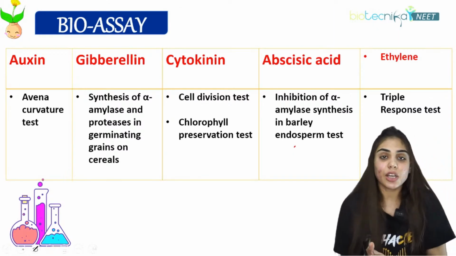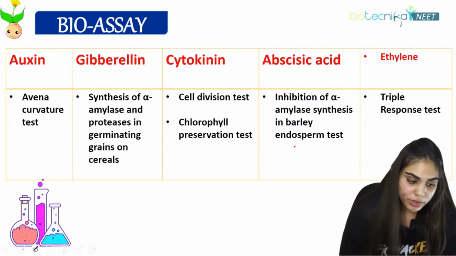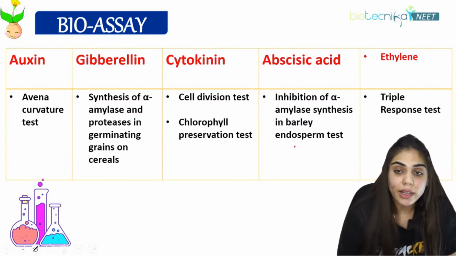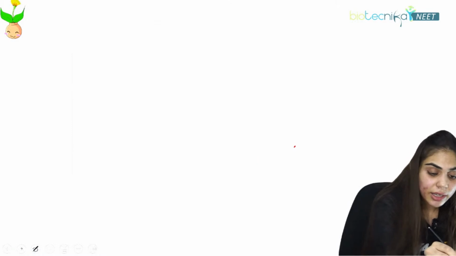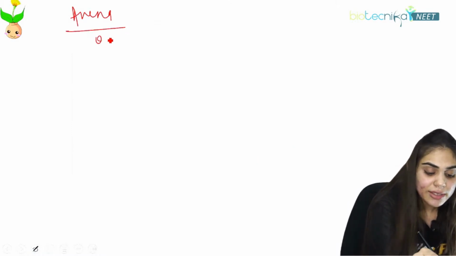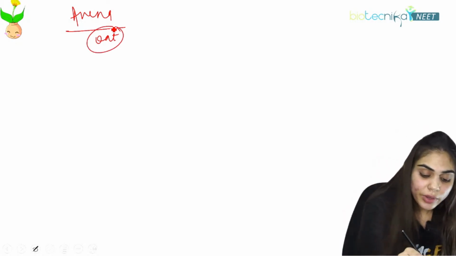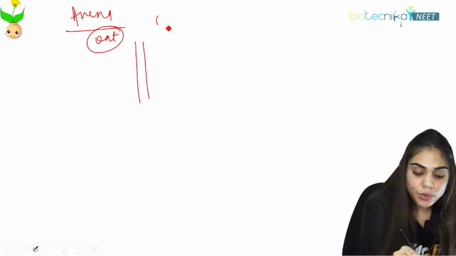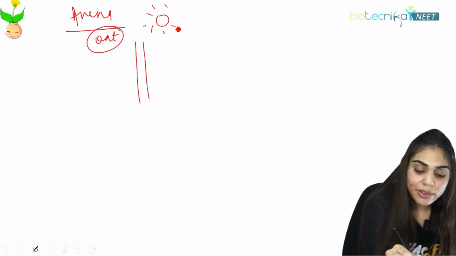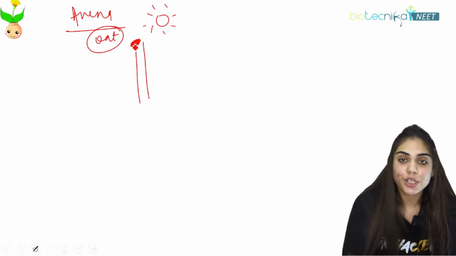Now we will understand what are the bioassays that you can perform for these phytohormones. For auxin, it is the Avena curvature test. What is the Avena curvature test? I have already explained it in the previous slide. Avena stands for oat. It was explained by F.W. Went. When the plant was directly exposed to sun, it caused the release of some chemical substance that accumulated at the shady parts of the plant.